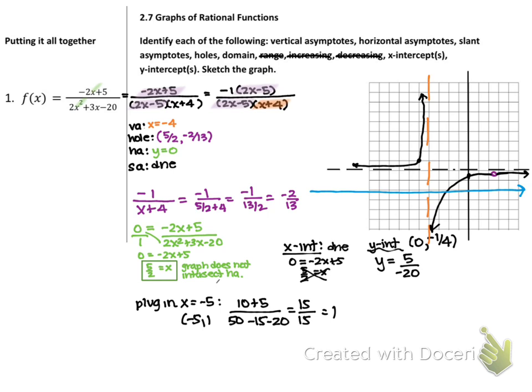So in this case, I think I'm just going to say my domain is all real numbers, but x cannot be where the vertical asymptote is, for sure, that's negative 4. And at the x location of the hole. Remember, there's our x values, so 5/2. But everywhere else, it's going to exist. So there's my domain.